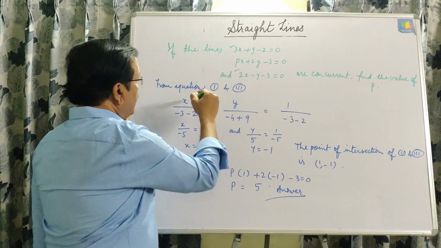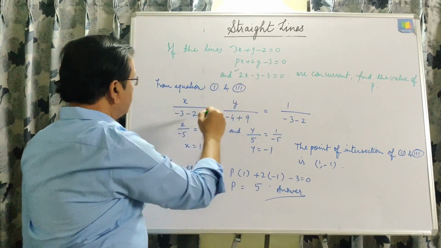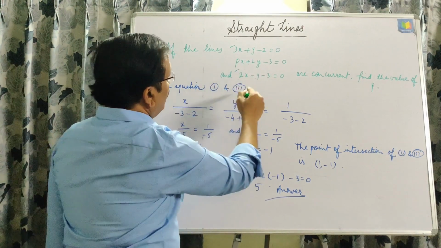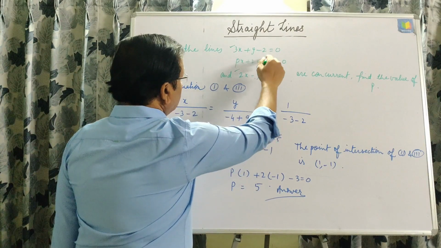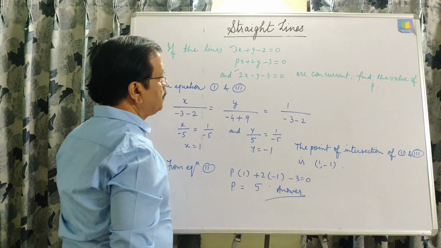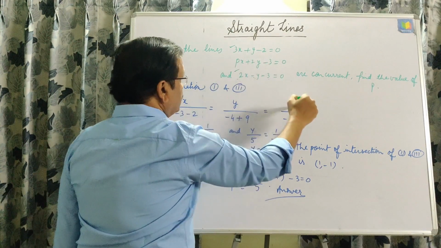Here x upon minus 3 minus plus, that is minus 2, then y upon minus 4 minus plus, that is plus 9, then 1 upon minus 3 minus 2.